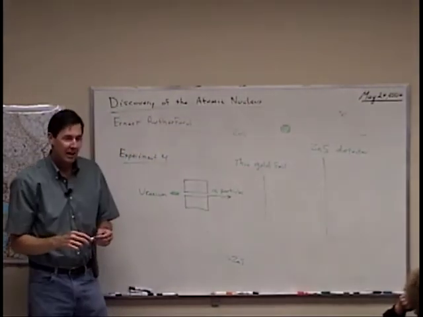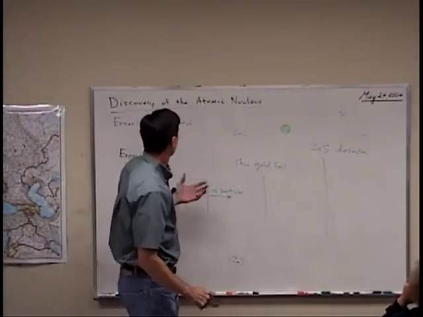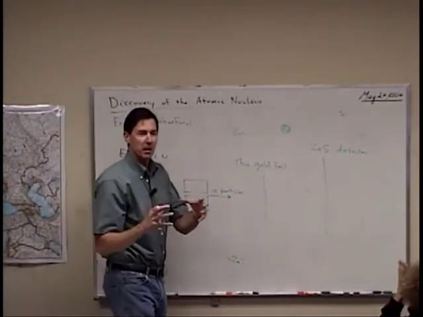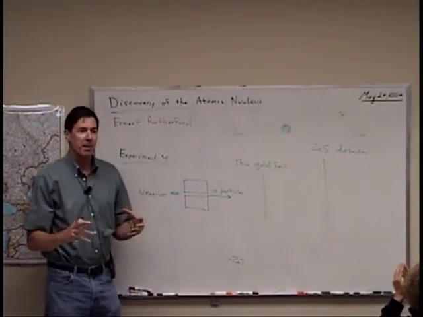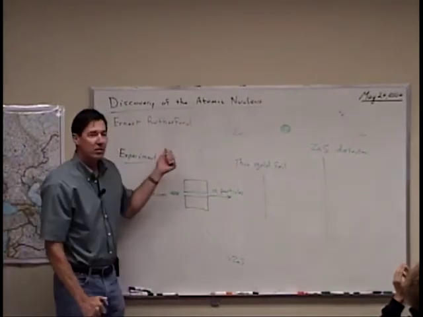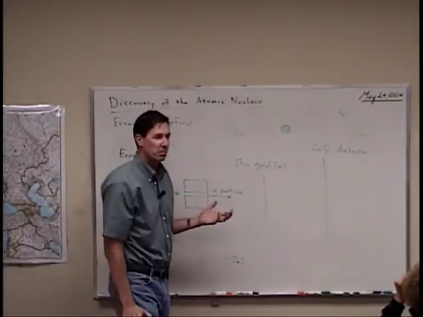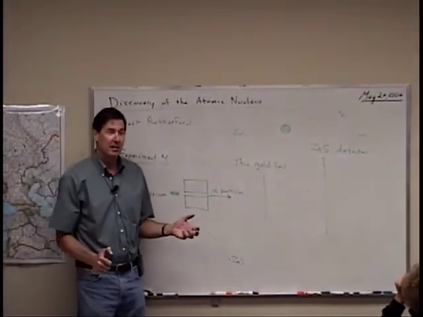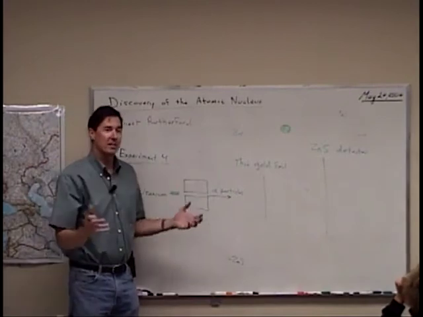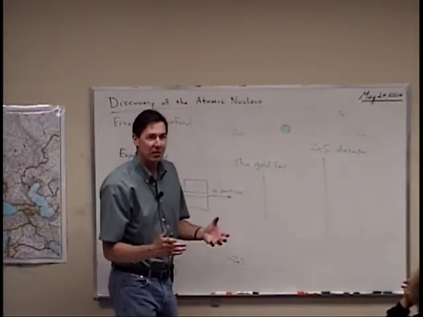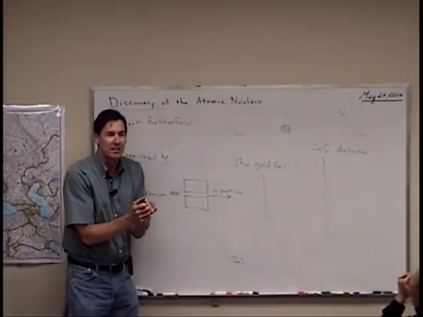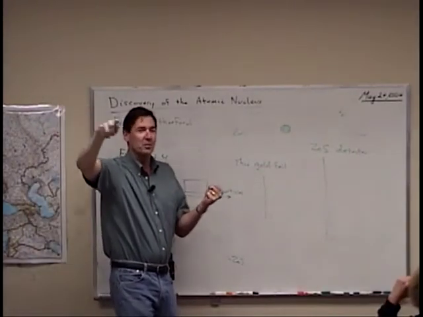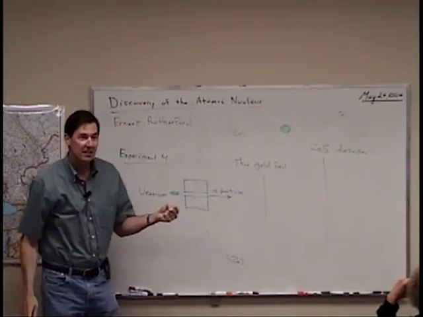So instead of this raisin muffin model of the atom, what Rutherford proves is that the atom is very much more like our solar system, where practically all the mass in the solar system is concentrated in the sun, right? And then we've got these planets at incredible distances away that are circling the sun.